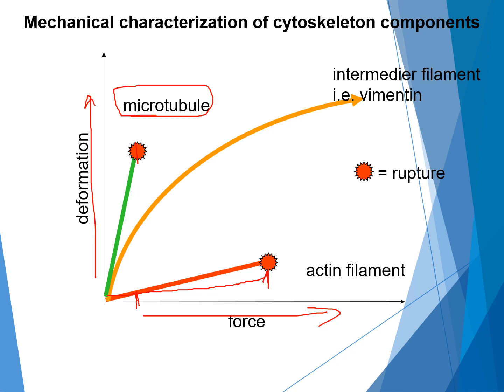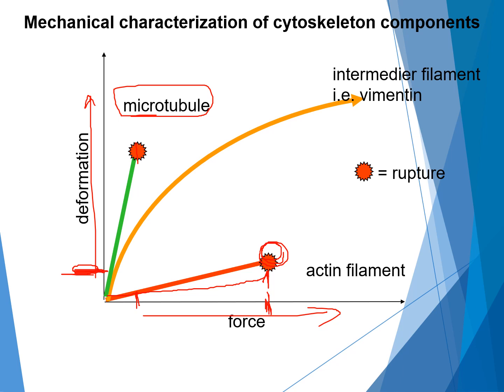Okay, actin filament can resist a certain degree of force, but it cannot be as flexible as the microtubule, because even at the higher force, it deforms very slightly. All right, and it's easily ruptured by the mechanical force.